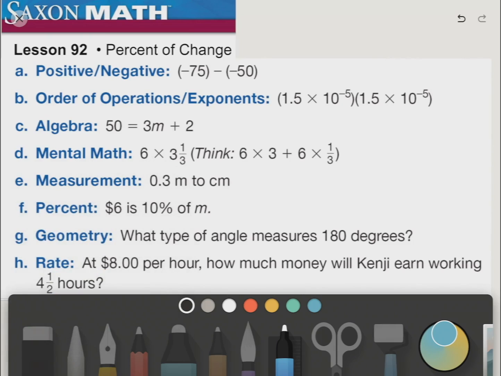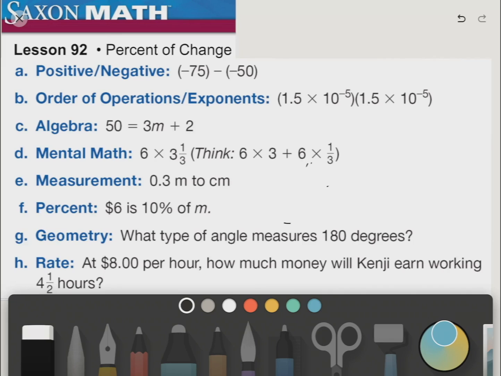Okay, at $8 per hour, how much money will Kenji earn working 4.5 hours? Well, it seemed like this was simpler to just convert it quickly into decimals. So 4.5 times 8.